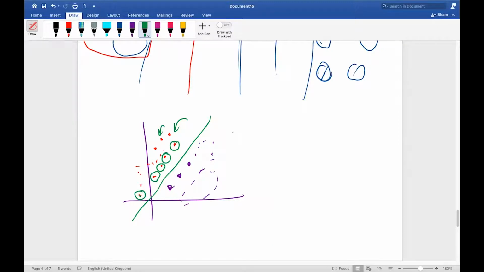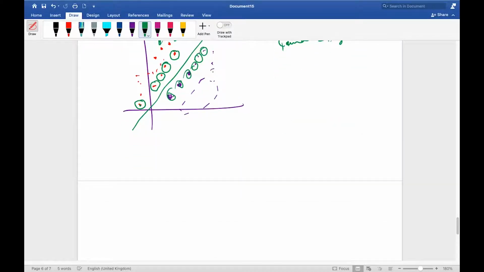This is the case on both sides, and I'm talking about a high value of gamma. So the influence on the margin and support vectors is basically from the nearby points.